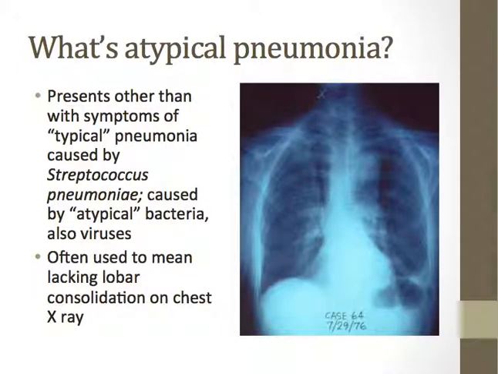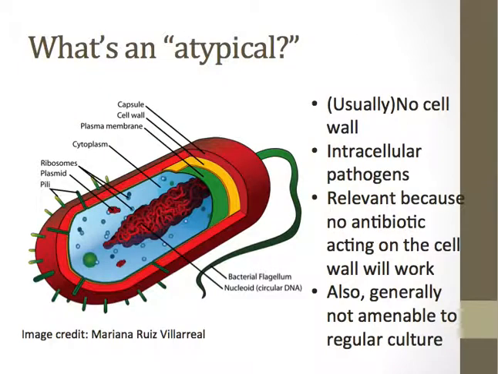So if we're talking about atypical bacteria, what do we mean? What is an atypical? Here's a picture you've seen before. This is the typical structure of a typical bacterial cell. Here you have outside the cell membrane the cell wall. When people are talking about atypical organisms, they usually mean lacking a cell wall.